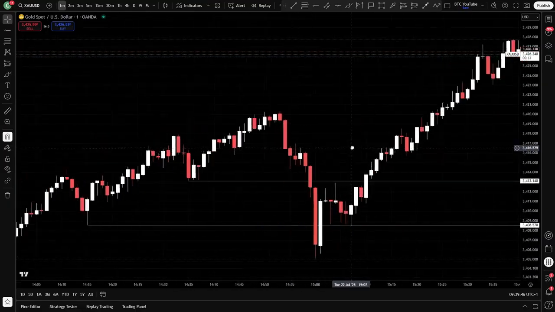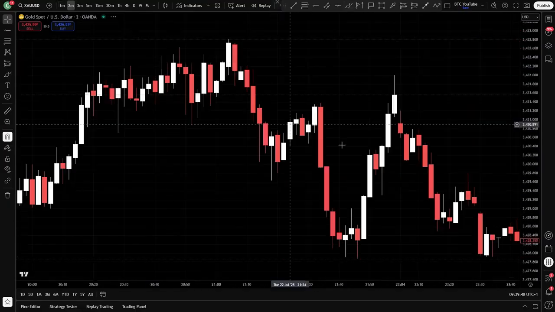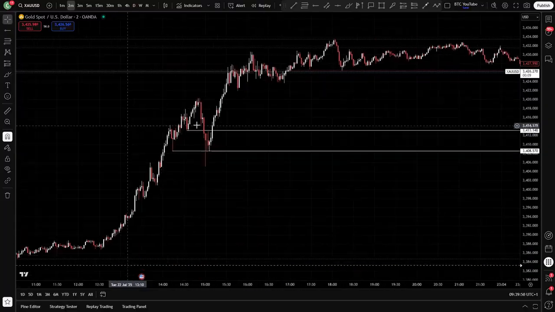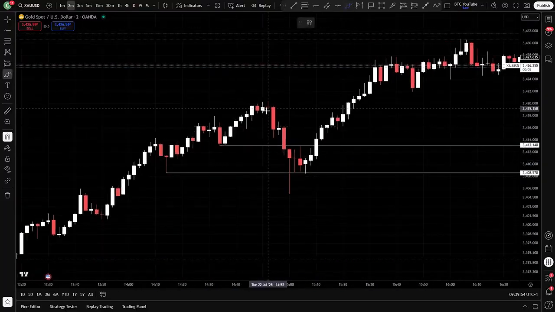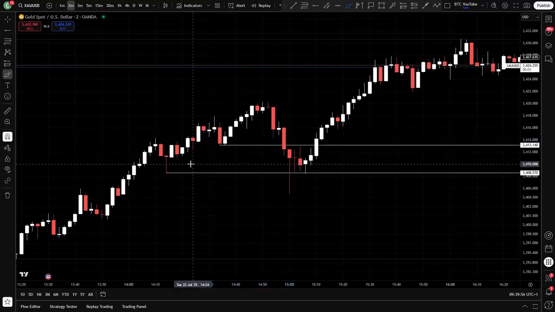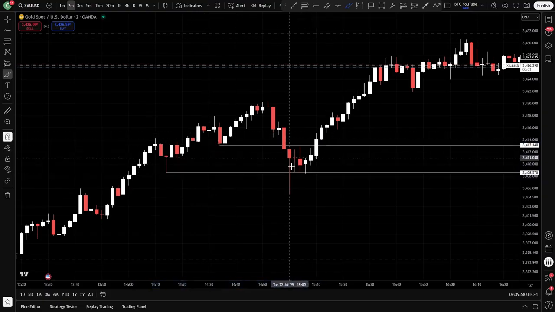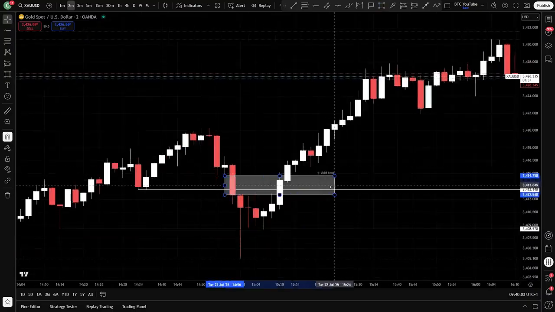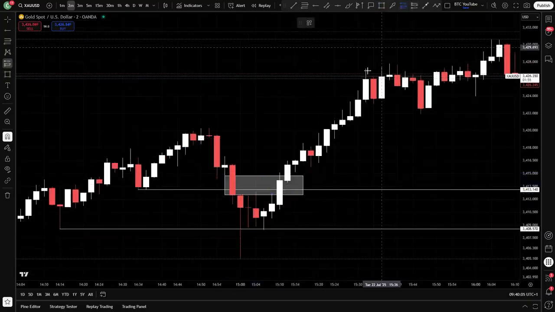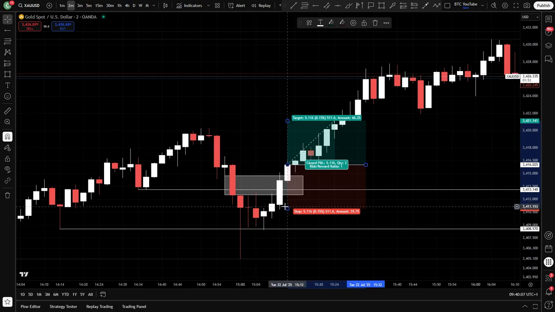And then obviously you can see, let me take a look here. Was it the 2 minute that I took? One of these was super clean. I think it was probably this one. You can see we came down, closed below this level of liquidity and this level of liquidity here as well. Lovely fair value gap here. I would have entered on this candle here.